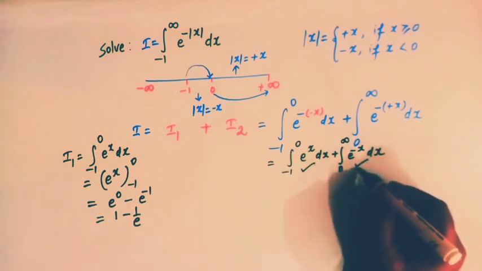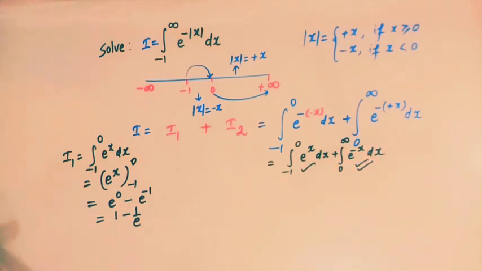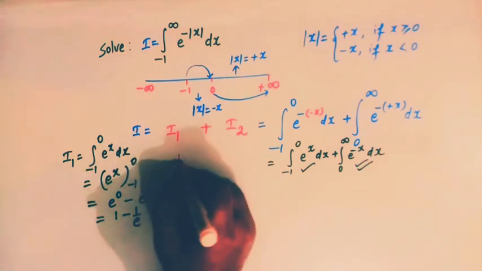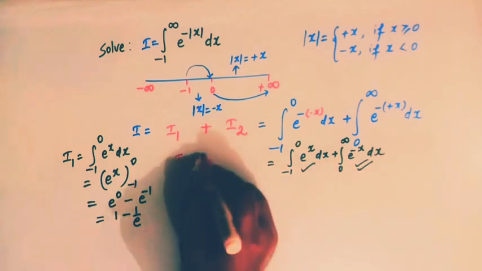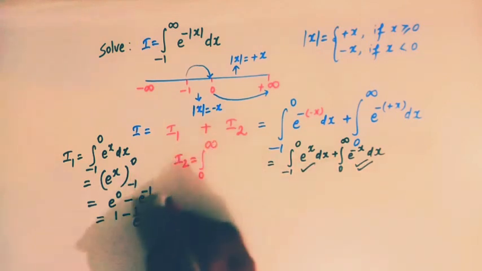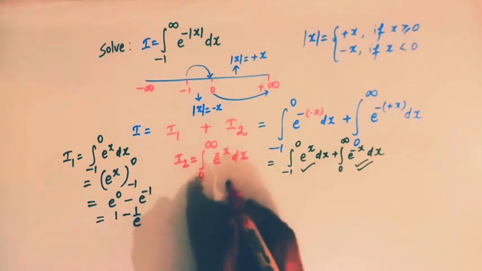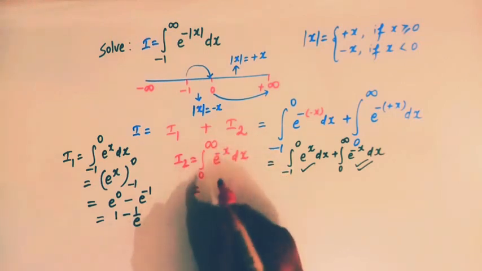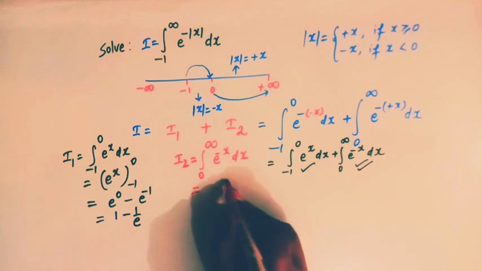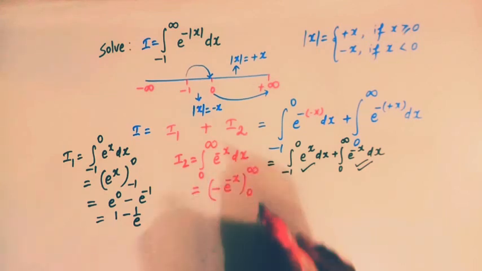Now let us solve this integral. Here we have I2 equal to the integral from 0 to infinity of e raised to minus x dx. Now the integral of e raised to minus x is minus e raised to minus x, and the limits are from 0 to infinity.